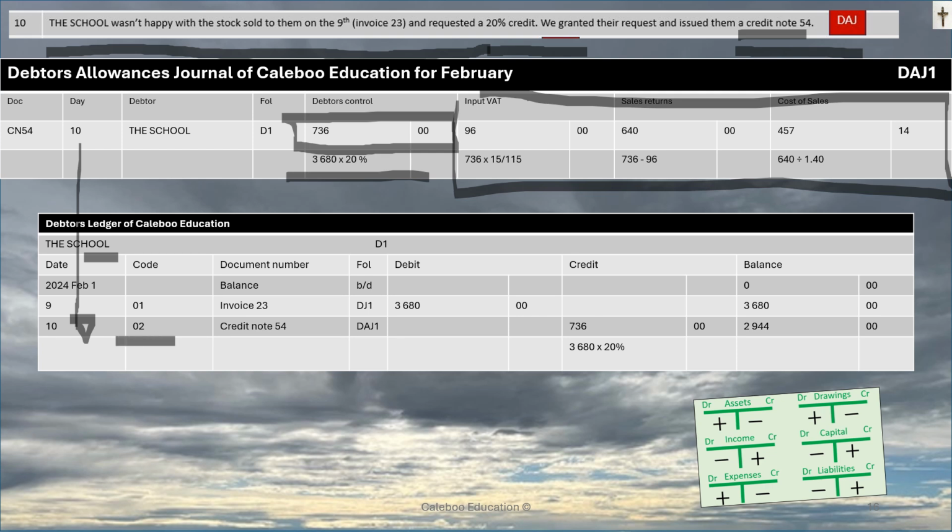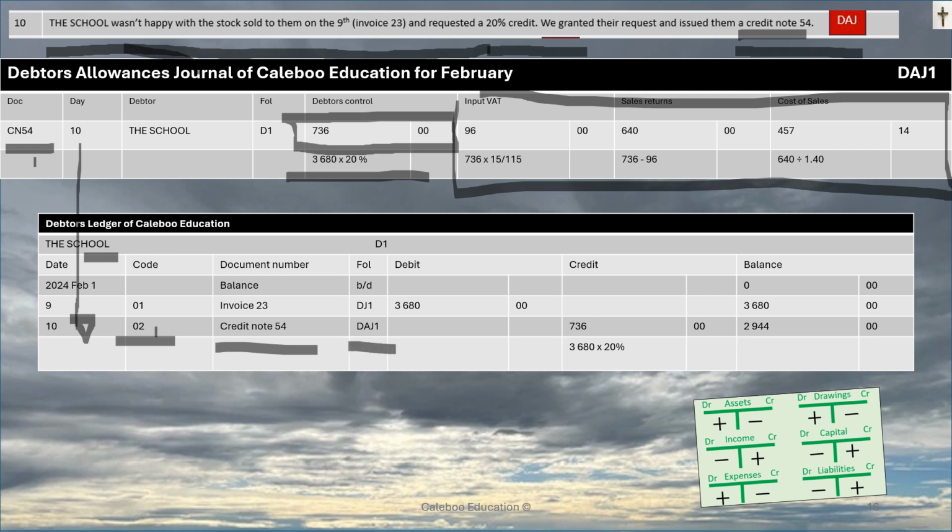Our code at Caleboo Education for giving credit is 02. The document is the credit note, which is actually the duplicate, and it was number 54. There, that information came from the document or the journal. Where did we get this information from?